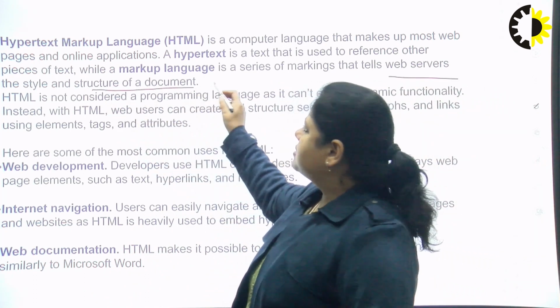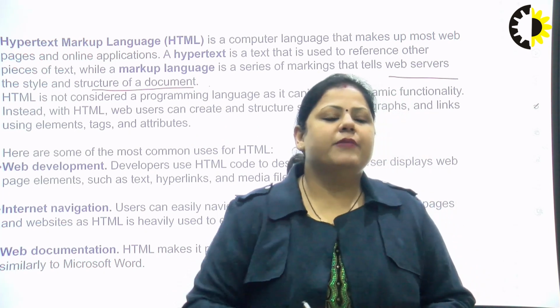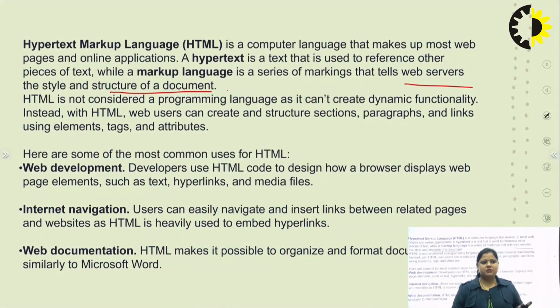The main part is the structure of any document. HTML is not considered a programming language, as it can't create dynamic functionality. Instead, with HTML, web users can create and structure sections, paragraphs, and links using elements, tags, and attributes.